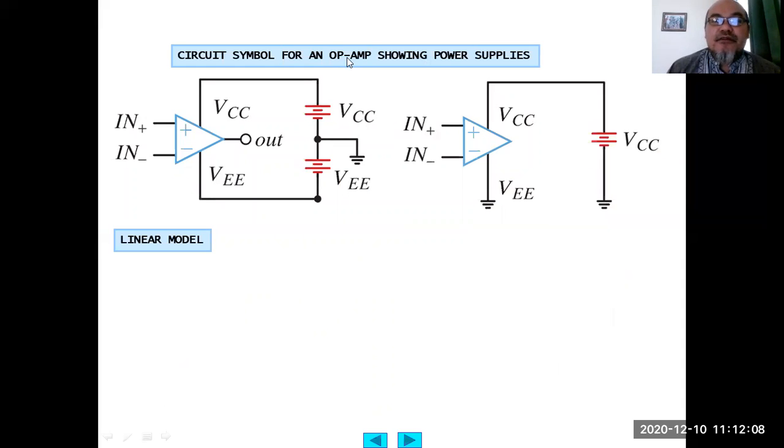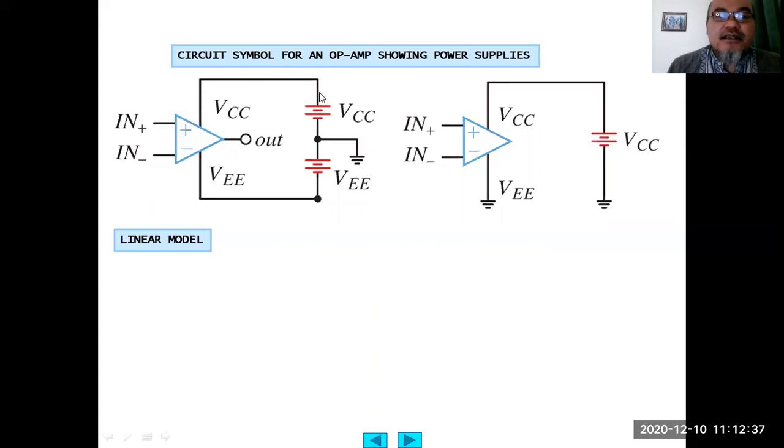So the circuit symbol for operational amplifier showing power supplies. Here we have in plus and in negative. In plus stands for non-inverting input and in negative for inverting input. And then it has 1 output terminal. It is supplied usually using a symmetrical power supply.